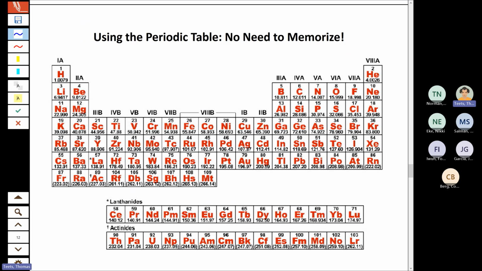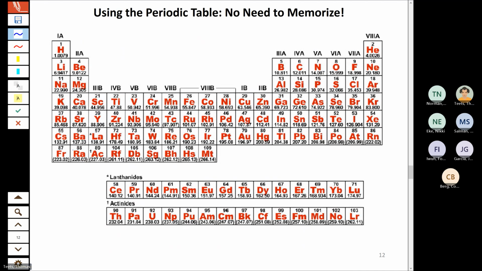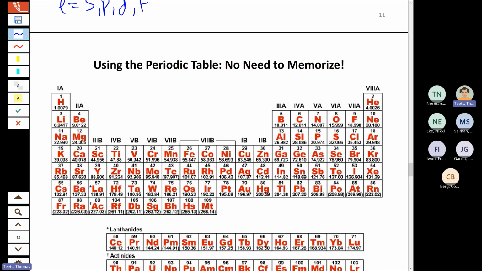So what you do when you're doing electron configuration, and in all seriousness, this is the way I want you to do it: you might have learned in the past, or maybe the book still has it, this little diagonal diagram where you'd have 1s and draw all these diagonal lines.